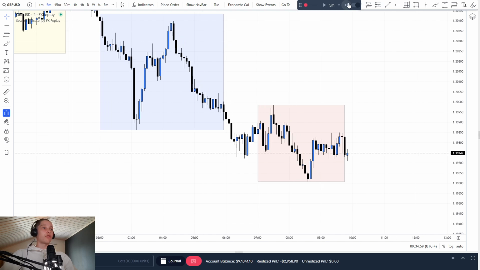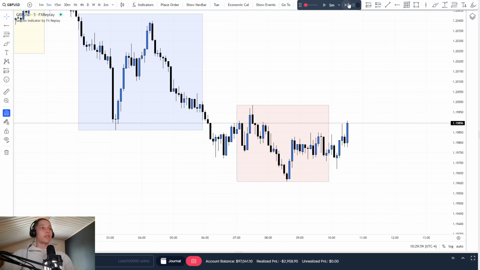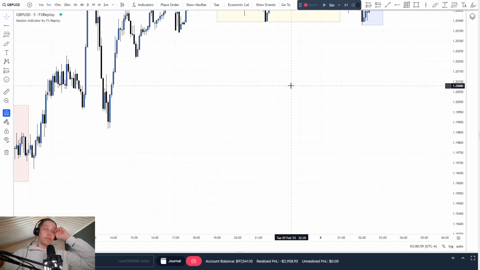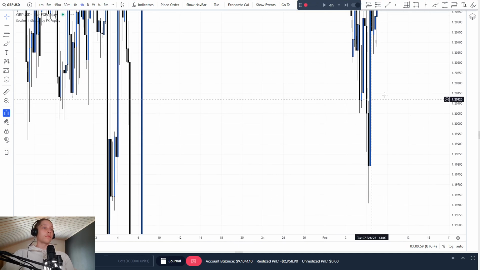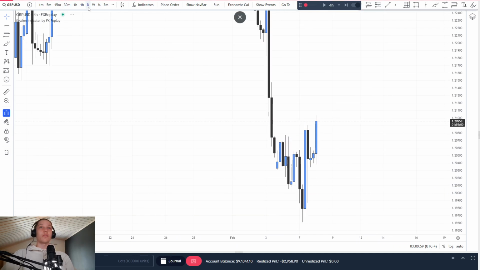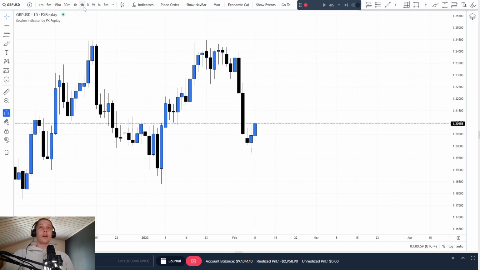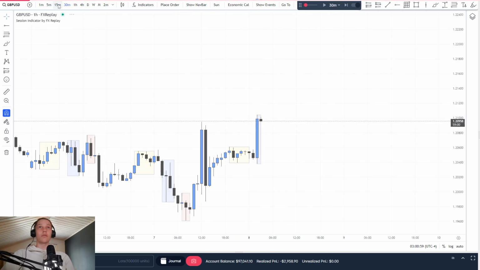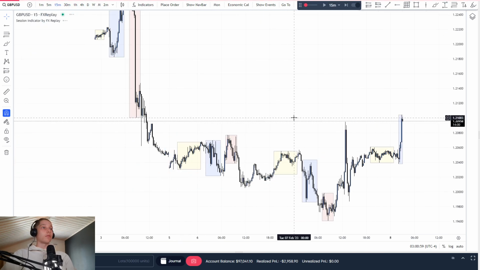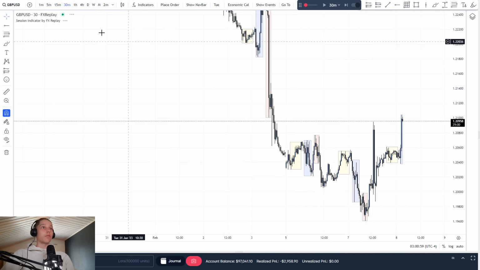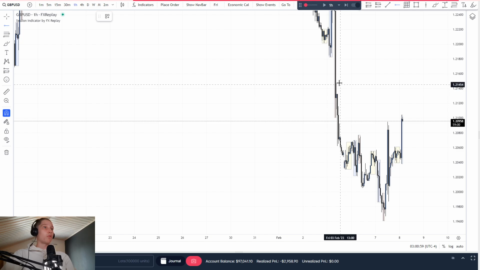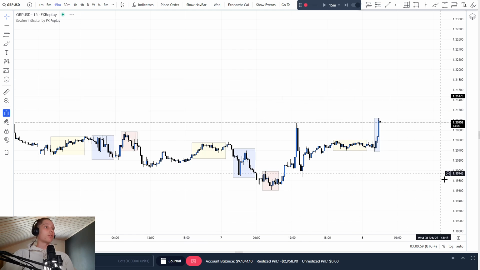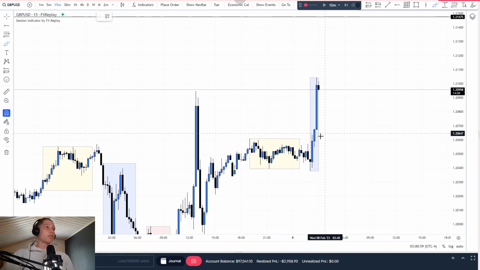Don't like the structure. What can I say? That's bad. Okay. Now we're moving higher. This is exactly what you need to see now. I'm still interested in longing towards higher in this range, which means M15 structure looks like this.